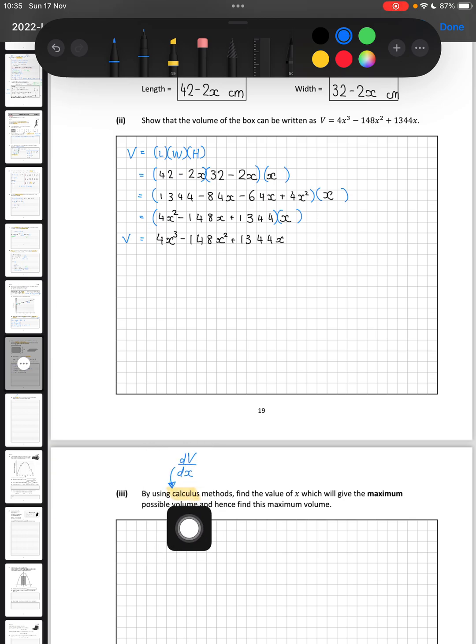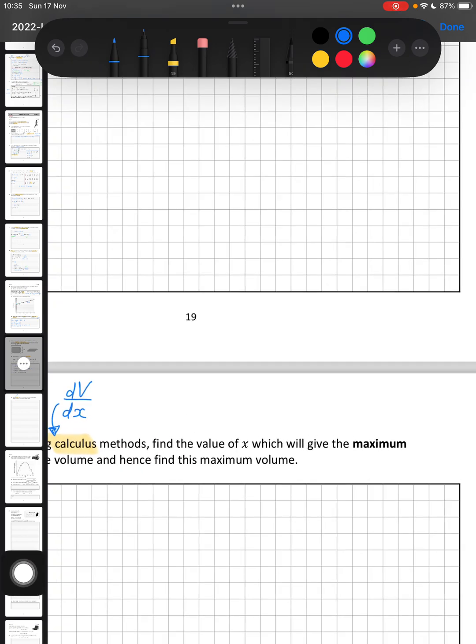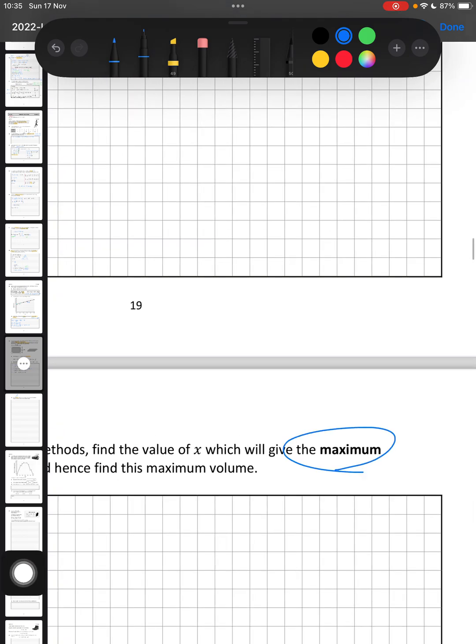So, by using calculus methods, find the value of x which will give the maximum. They were really nice to tell us to use calculus methods. We know that to find a max, we usually get the first derivative, the slope, and ask when the slope is 0.